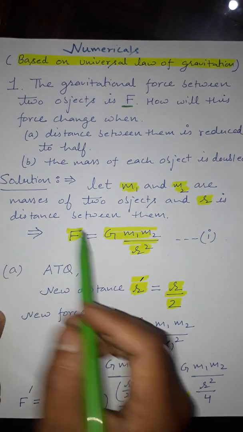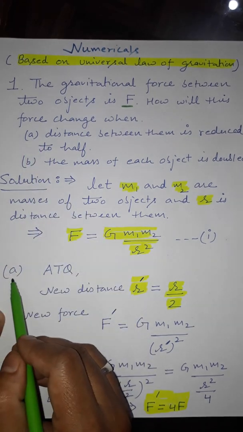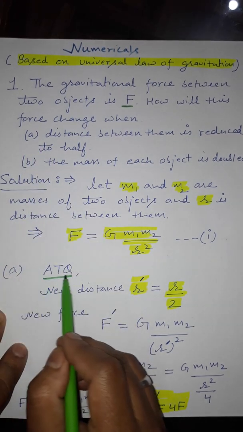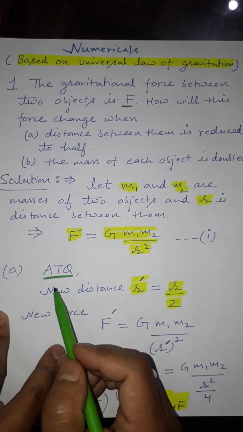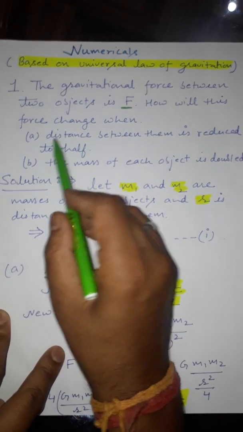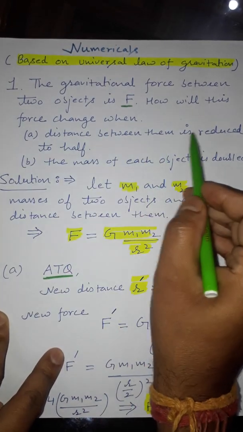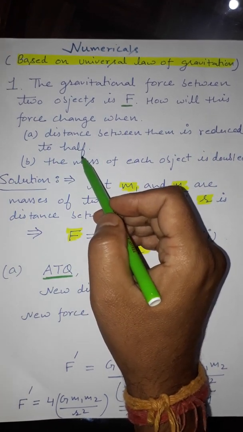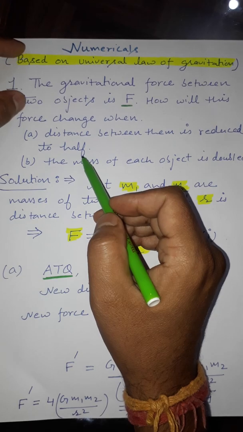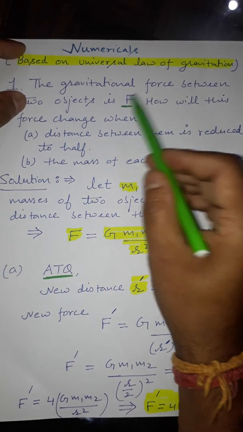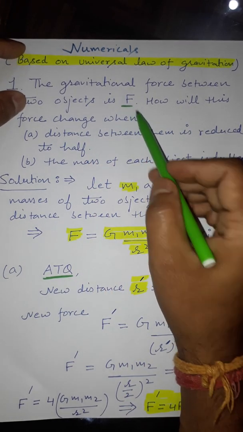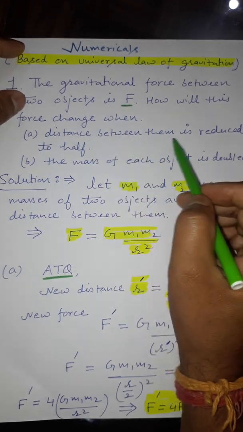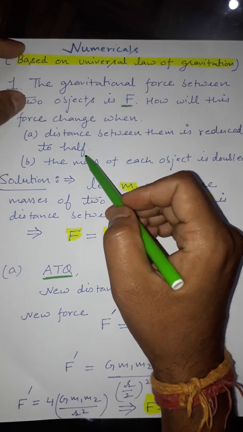Now let us solve the first part. According to the question, the distance between them is reduced to half. We have to find the new force, or show how this force F changes when the distance between the objects is reduced to half.